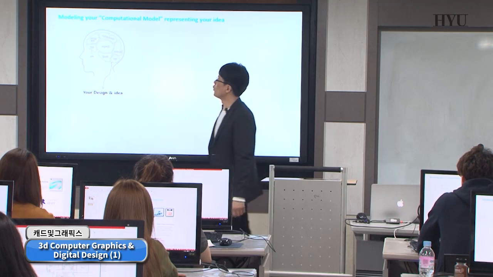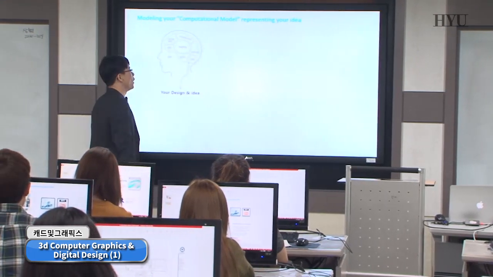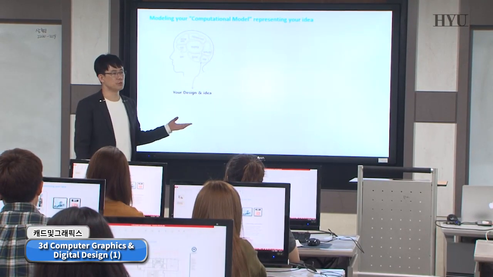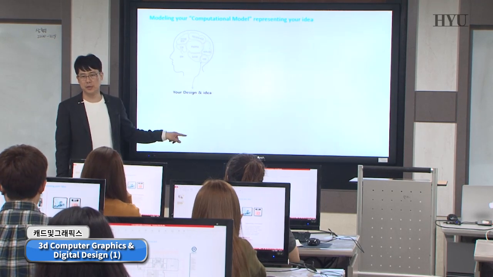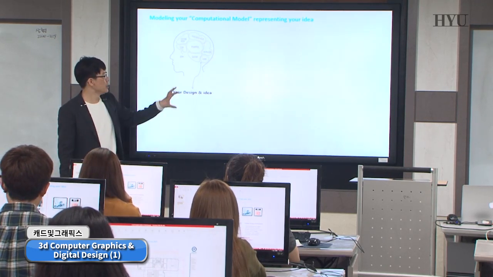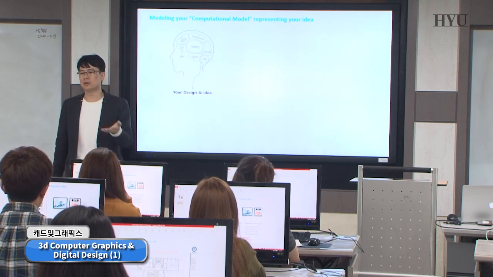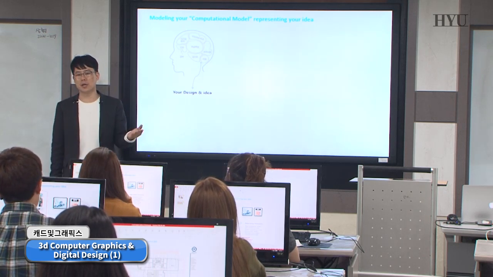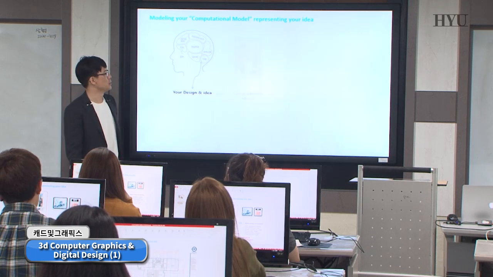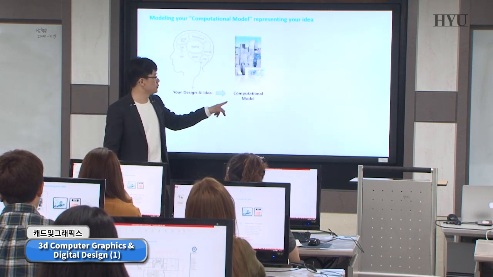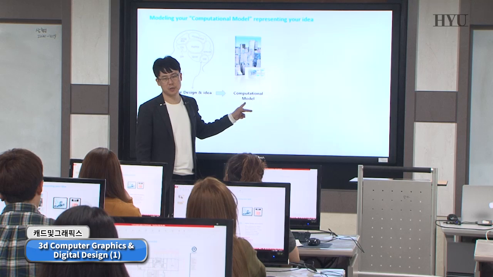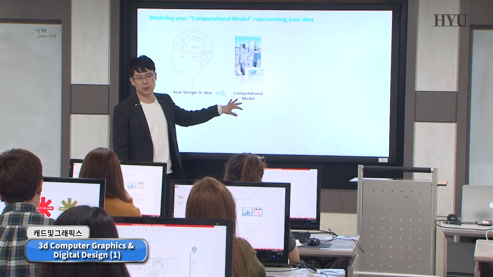Take a look. Why do you need to create your own computational model, not drawing, okay? You have an idea, but it's only seen by you. No one can see, no one can capture what your design is. So you try to build your own computational model from your head, okay?